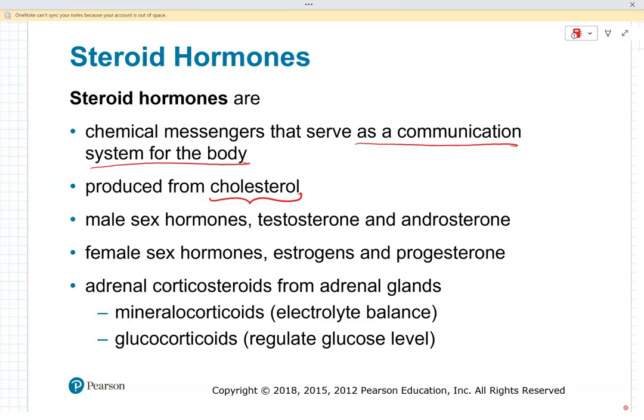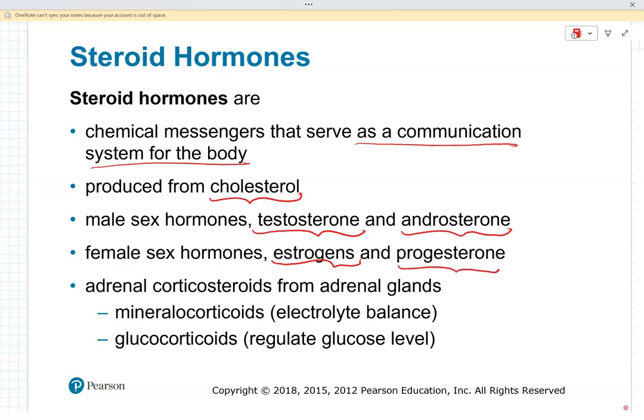Okay? So in males, for the most part, it's testosterone. Okay? Androsterone plays a very secondary role. In females, it's estrogen. So estrogen and testosterone play very similar roles in females and males, respectively.